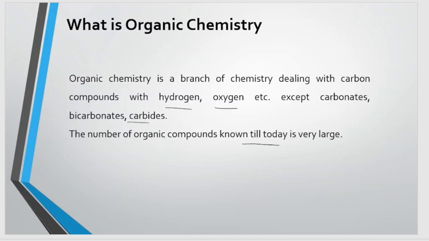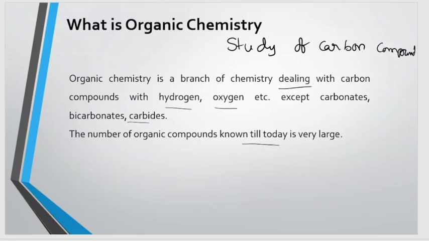Right. What is organic chemistry? Organic chemistry is the branch of chemistry that deals with the carbon compounds. So we can say that organic chemistry is nothing but the study of carbon compounds.